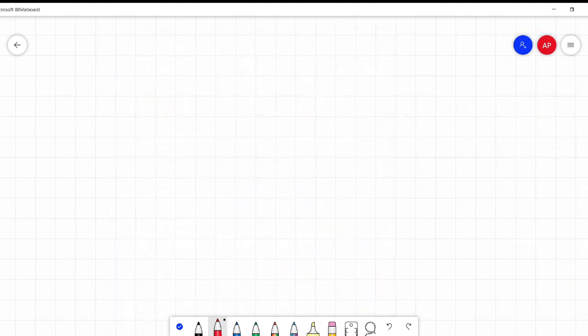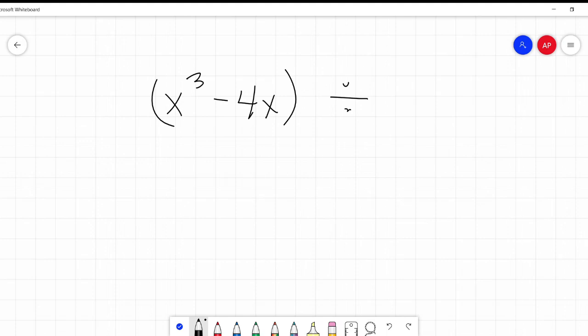My last example I'm going to give you is when you have something a little different. So this is when you have something like this. Actually, I'm going to write it the way it's presented first. So x cubed minus 4x divided by x plus 2.